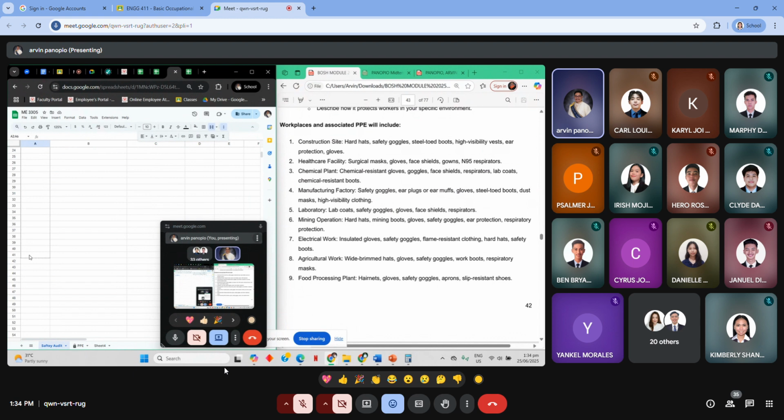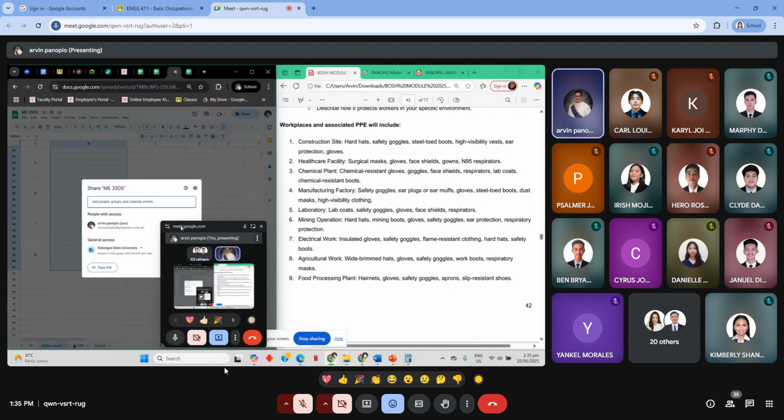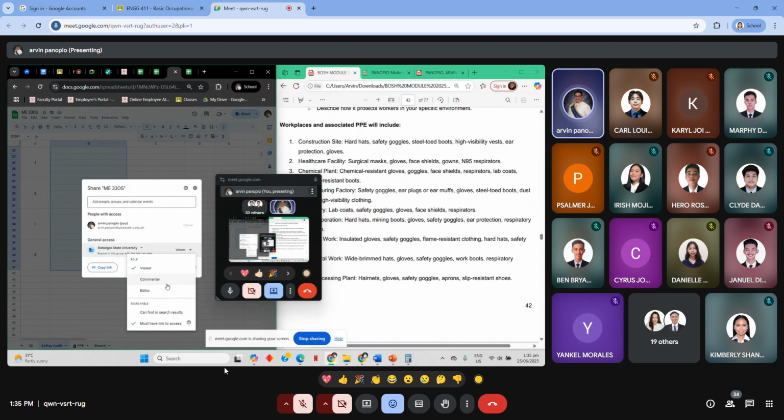So 8 groups na may 5 members. Ito po i-free choice na lang. Isasend ko na lang po ang link dito sa ating Google Meet and isasend ko din later kay BOD.